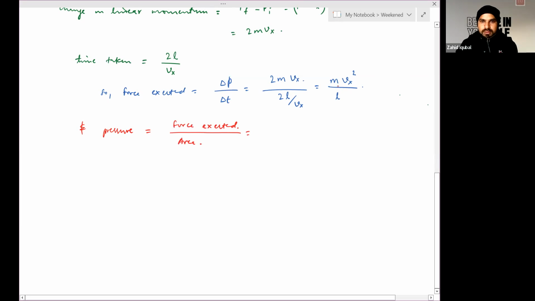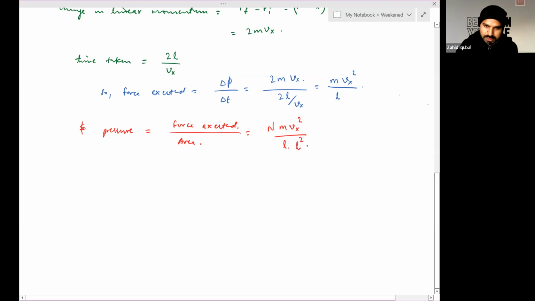So this one particle falling on the wall may have exerted this much force, divided by L. Now, if this system contains n particles, the total force will be n times this, and the area of the wall on which it is striking is square in shape, so its area will be L squared.